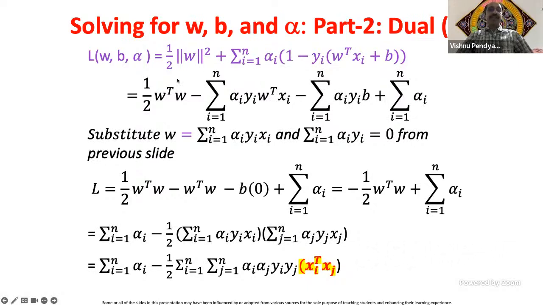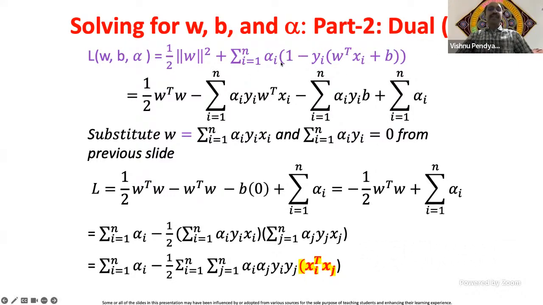The goal is to maximize L, but whether it is minima or maxima, we are still going to take the derivative. We can write the loss function as half times w transpose times w, because w squared is w transpose times w. Now just simplify this summation here.